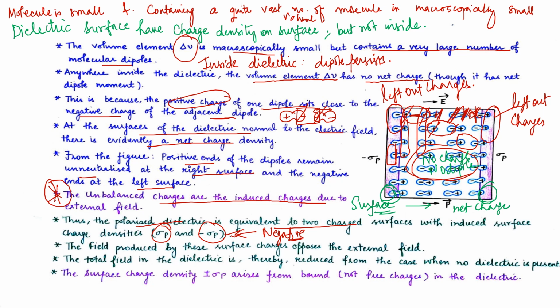The field produced by these surface charges opposes the external field. So whatever field these charges are producing, these charges, which are under the influence of the electric field and are known as induced charges, oppose the external field.